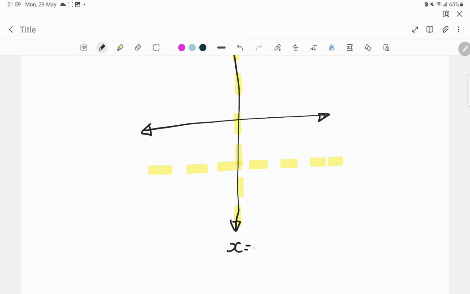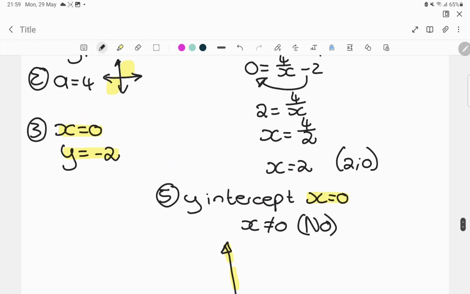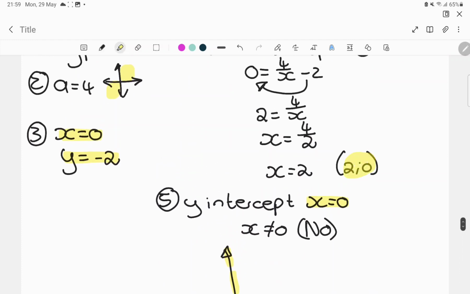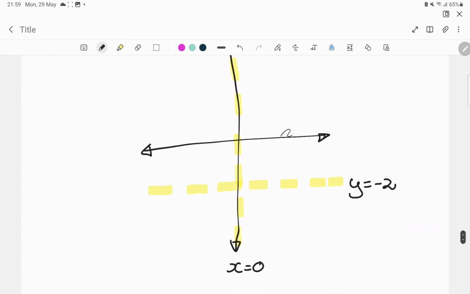So my one is x equal to 0, my other one is y equals -2. Then I have an x-intercept at (2, 0), so let's quickly put that point in. (2, 0) will be about here.